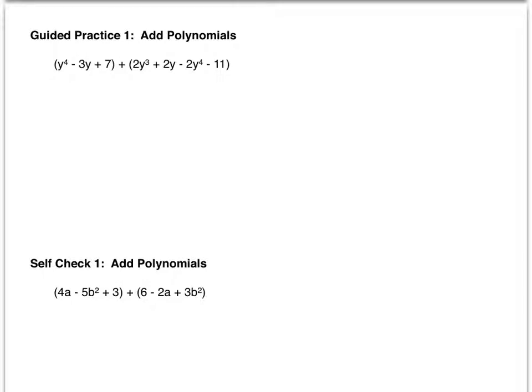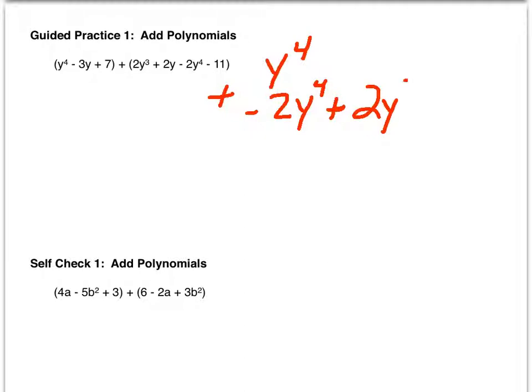So I see that I've got y to the fourth here, and I'm going to add, and I've got negative 2y to the fourth in the second polynomial. In the second polynomial, I also have 2y to the third plus 2y minus 11. So now I need to align them. So y to the fourth minus 3y is going to go here, and plus 7. And then we'll add.